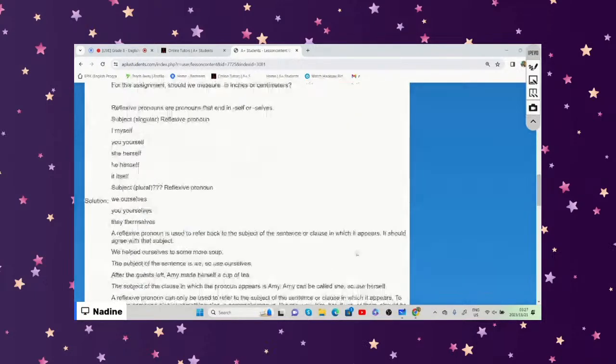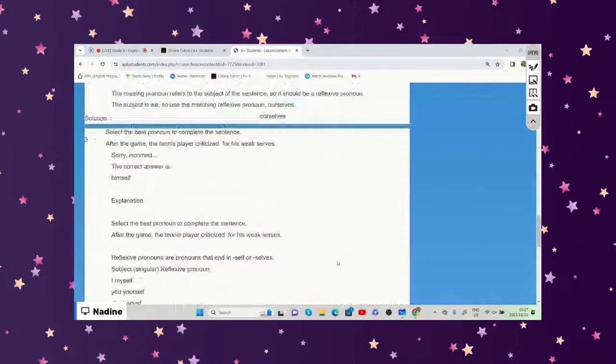All right. Here it says select the best pronoun to complete the sentence. After the game, the tennis player criticized himself for his weak serve. So after the game, the tennis player criticized himself for his weak serves.